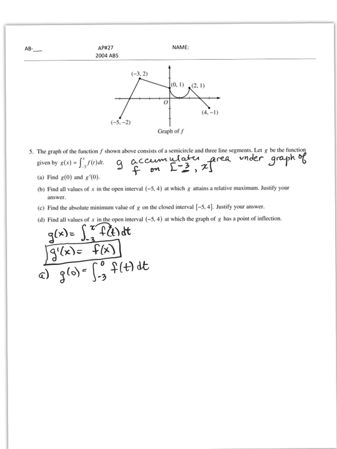So we look at our graph and we look at -3, which is from here, to 0. So this is asking for the area of this trapezoid, which is above the x-axis, so it will be positive. So let's see. Now, the bases are the parallel sides, and the height would be this segment here.